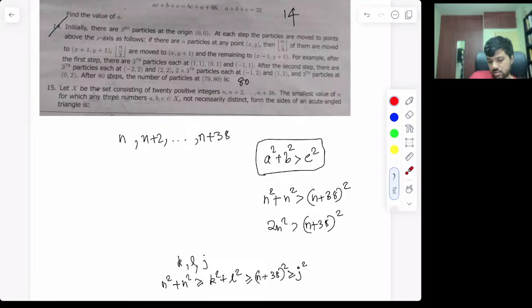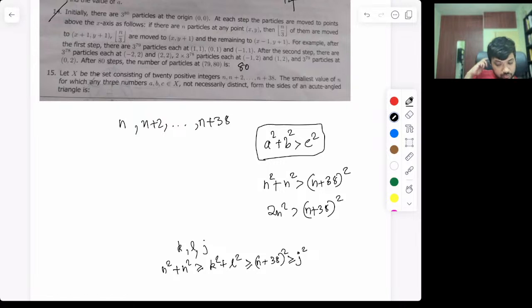N square plus n square, n square, 38 square.